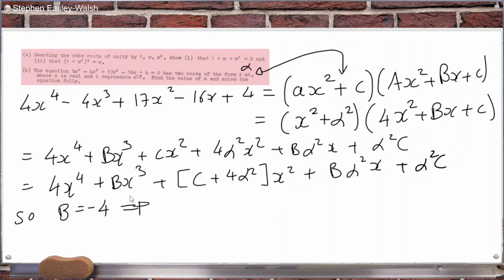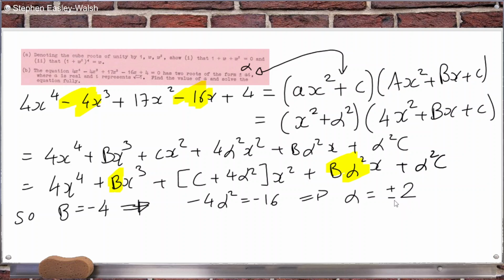And then by just comparing, so like this coefficient here has to match this one. And then if we look at this one here with this one, I think we can get the alpha. So that implies that minus 4 alpha squared equals minus 16, which implies that alpha has to be plus or minus 2.